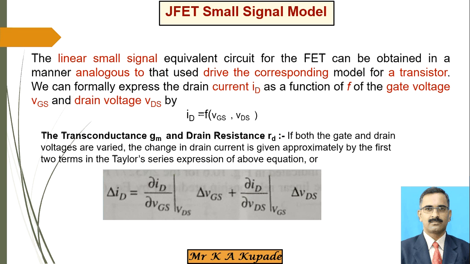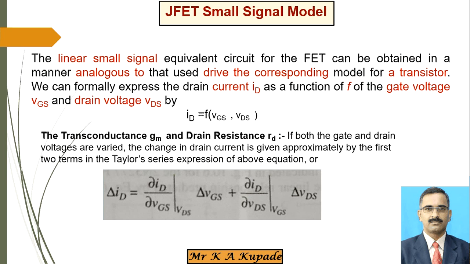Whenever we consider the common source amplifier, the drain current is a function of the gate voltage and drain voltage. By considering that, the ID current is expressed in this small signal model, so the equation is derived like this.